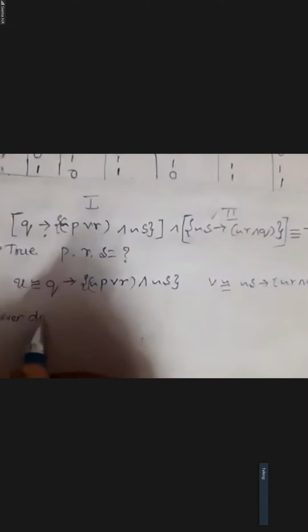Now, by given data, what has been given? U and V is true. Correct? Yes, ma'am. Okay, fine. If U and V is true, this is the conjunction. Conjunction will be true when both the propositions are true.